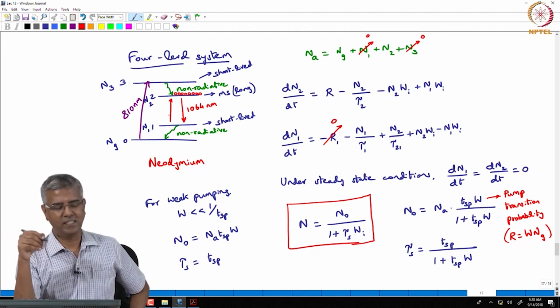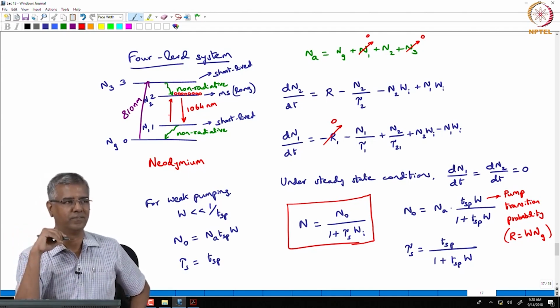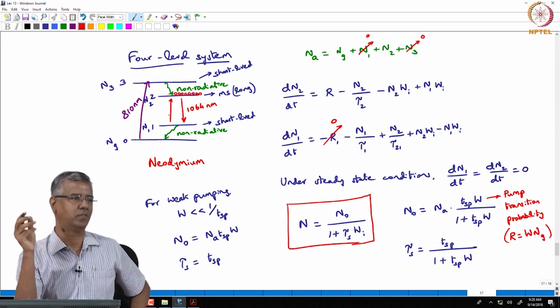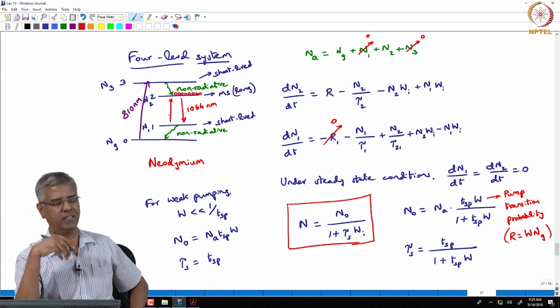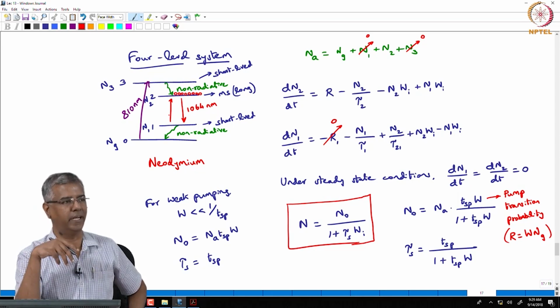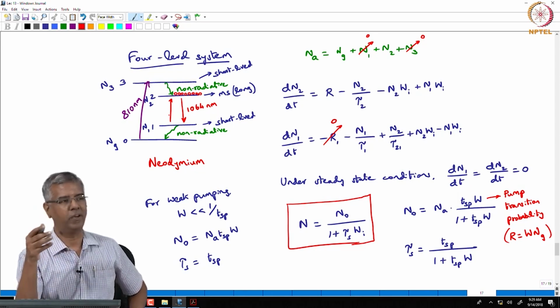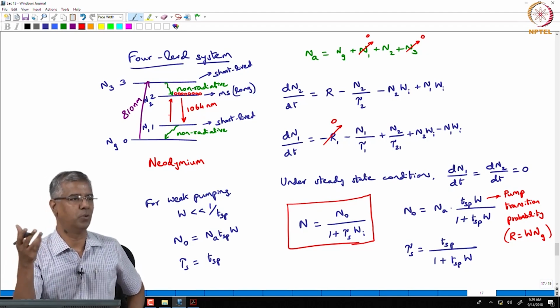But in this case, what can you say about atoms in that lower energy level? Very few atoms in the lower energy level, because you have a fast non-radiative transition relaxation that is happening. So, everything is going to the ground state. So, now if I come in with, in this case, 1064 nanometer radiation, very little absorption is going to happen. So, you do not have this issue of reabsorption in a 4-level system, you do not worry about that.